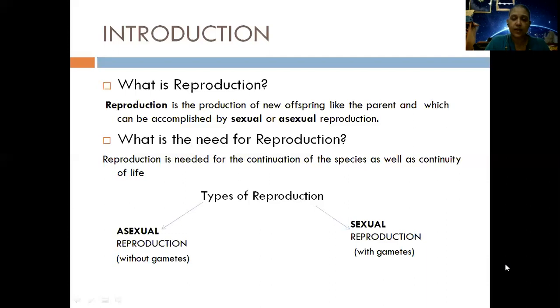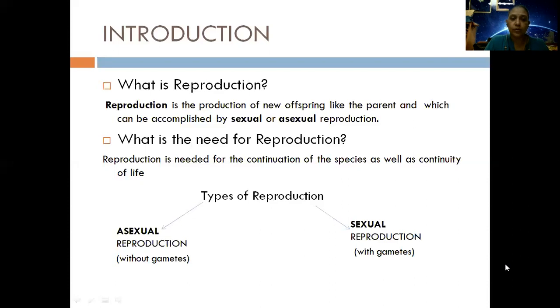Whatever individual is produced is of similar progeny to the parent, without using a male and a female gamete. Now how do we reproduce without a gamete?